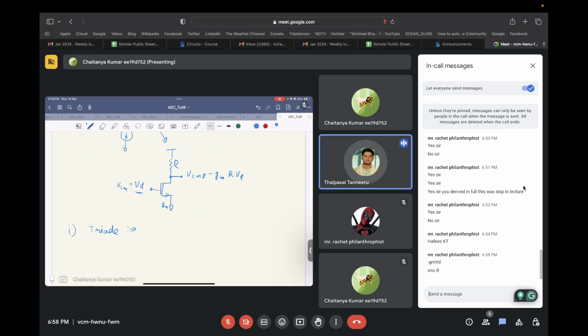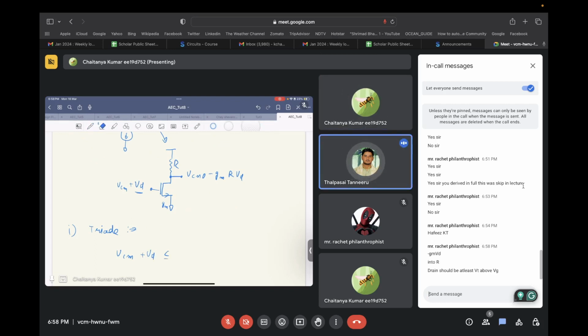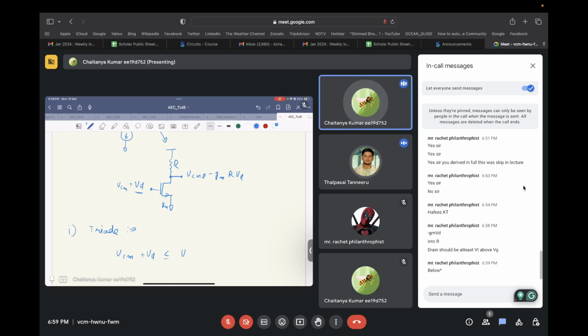Sir, VCM plus VD should be less than or equal to the output. So we are not going into the triode region, right? Basically, the drain can go at max 1 VT below your gate voltage. So VCM plus VD should be less than or equal to VCM out minus GM R times VD.